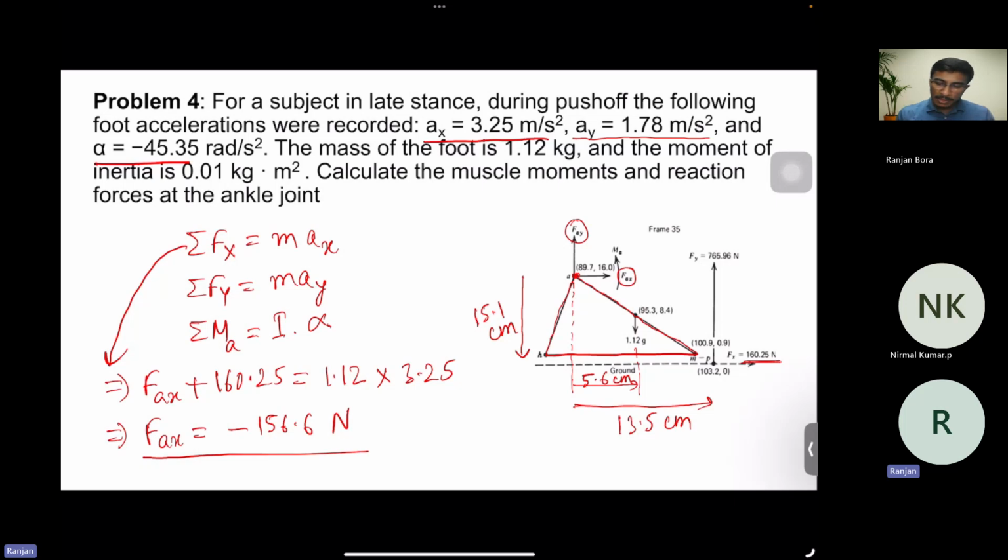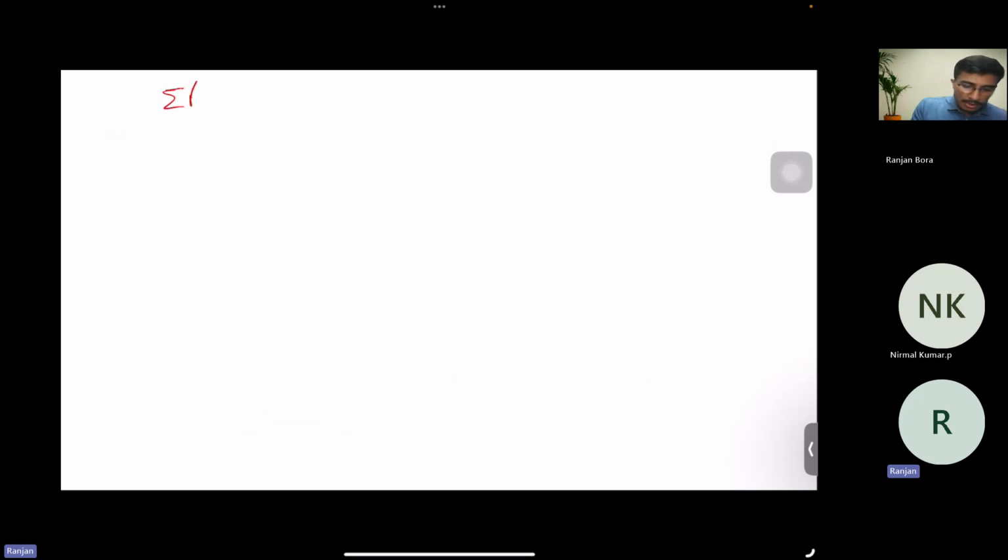Now we'll use the second equation, which is summation Fy equals mass into acceleration in y direction. What are the forces acting in the y direction?